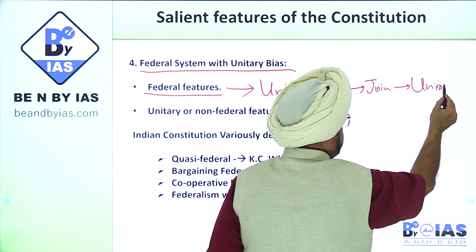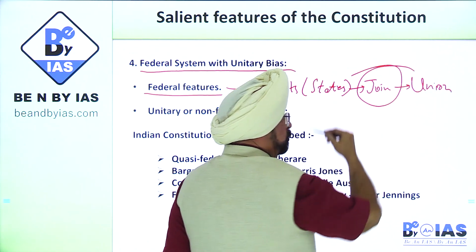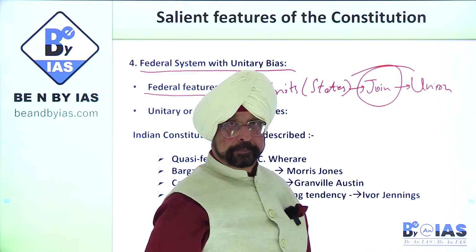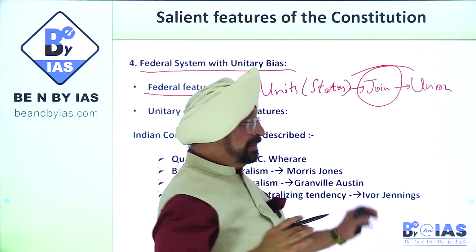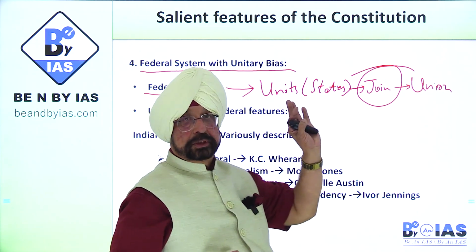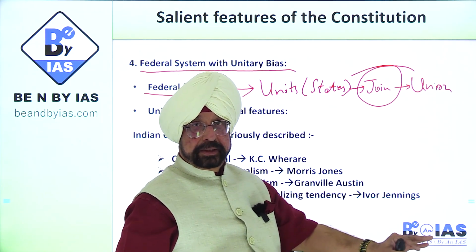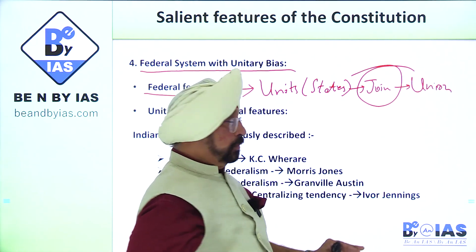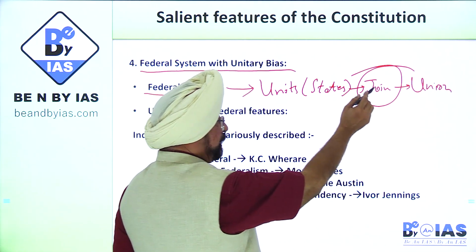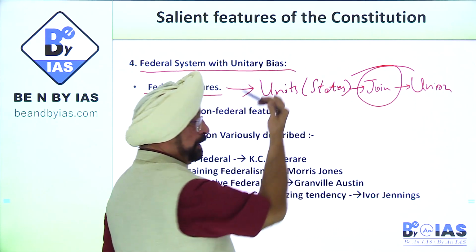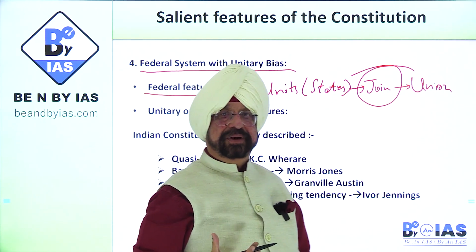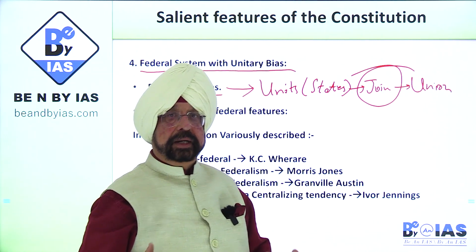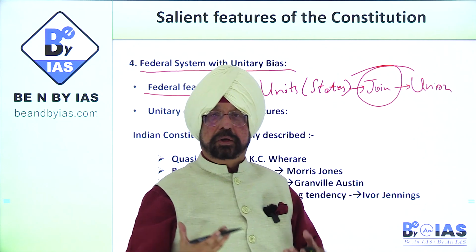Now, this joining is not by way of any agreement or treaty. Once they have joined, they cannot secede. They cannot go out of this union. So this joining of the union by the states is of a federal character because they are different units and they have been given some kind of autonomy.